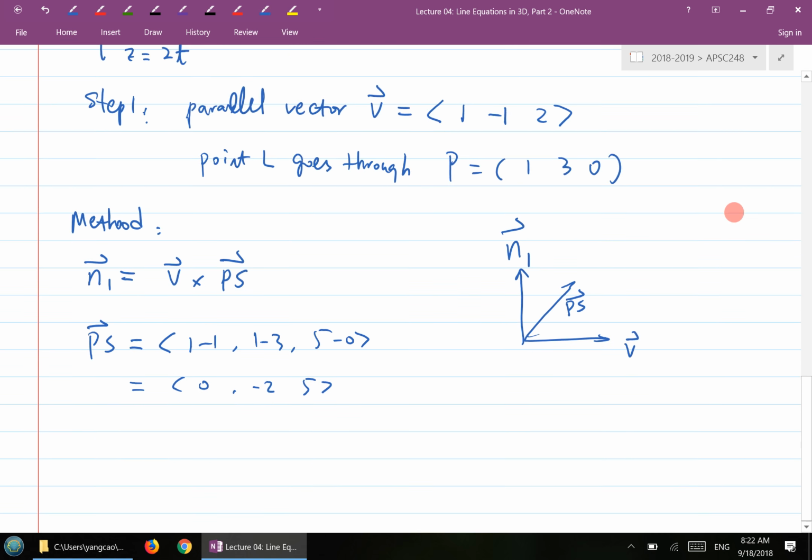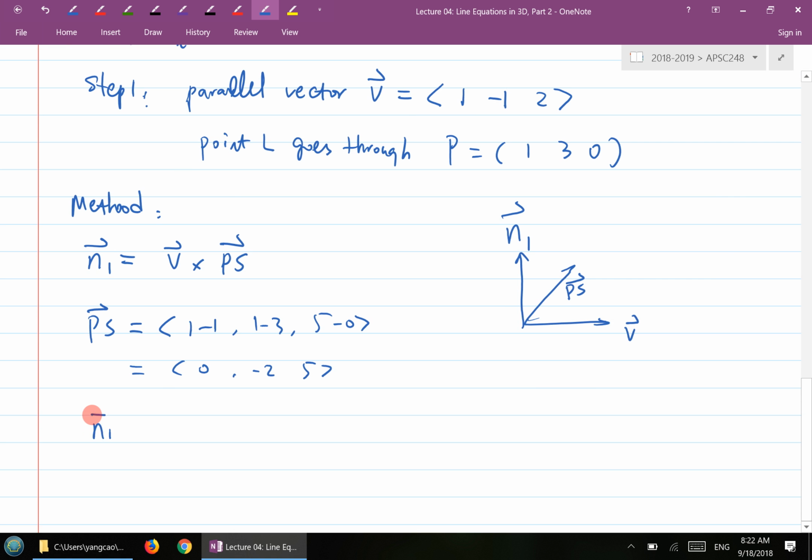And then you do the cross product, which is to calculate the determinant of the 3 by 3 matrix. So you write down the matrix 1, negative 1, 2, 0, negative 2, 5. Now you can calculate this cross product.